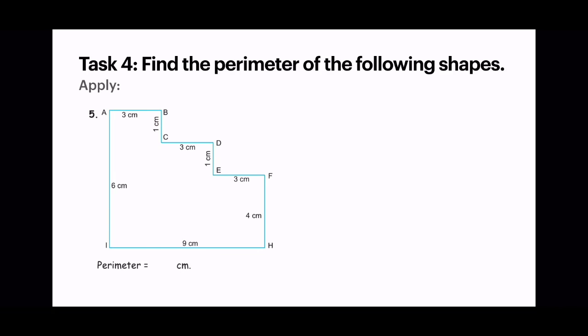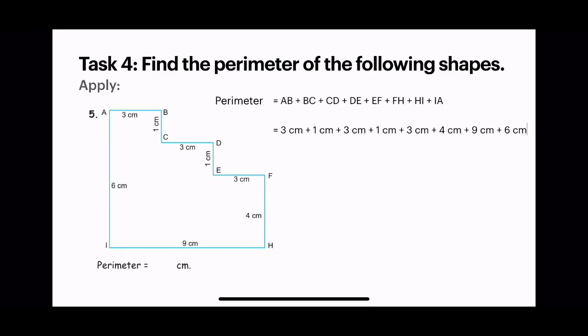So perimeter is equal to AB plus BC plus CD plus DE plus EF plus FG plus GH plus HI plus IA. So which is equal to 3 plus 1 plus 3 plus 1 plus 3 plus 4 plus 9 plus 6, which is ultimately equal to 30 centimeters. So the perimeter of the given shape is 30 centimeters.